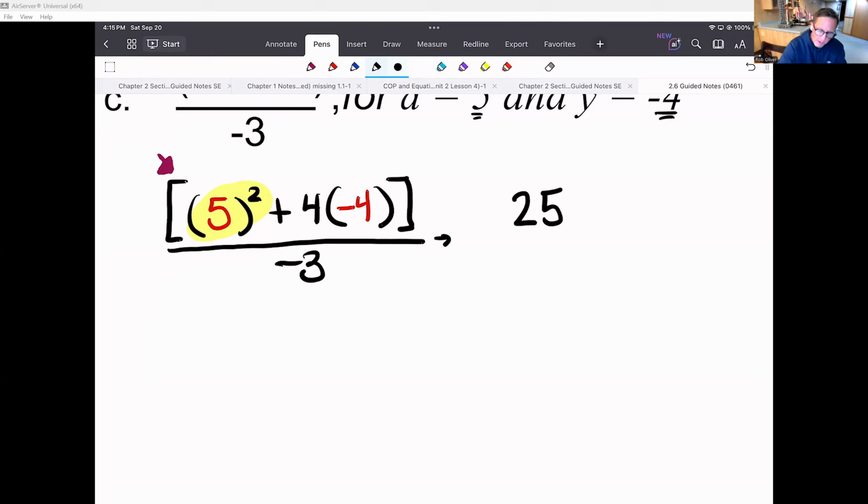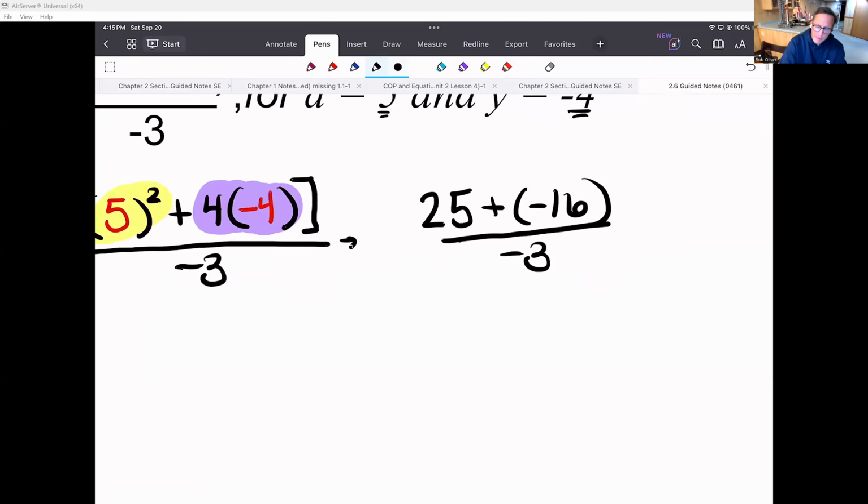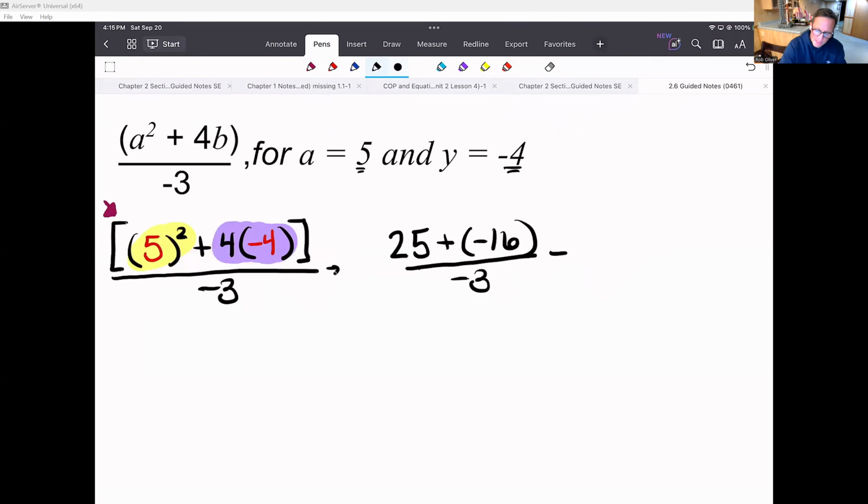And actually, let's go ahead and take care of this, which is kind of independent of itself, and that makes -16. So I'm going to write plus -16, instead of just writing -16, all over -3. And then 25 plus -16 is 9. You've got 9 divided by -3, which is -3. A positive divided by a negative is a negative.